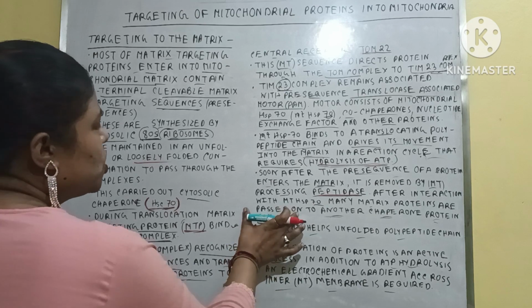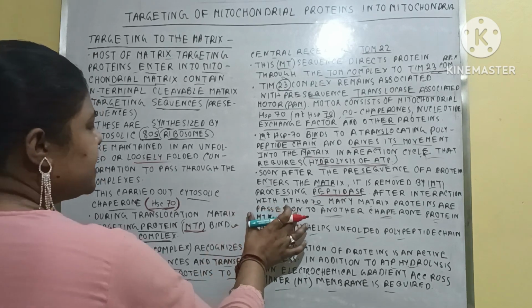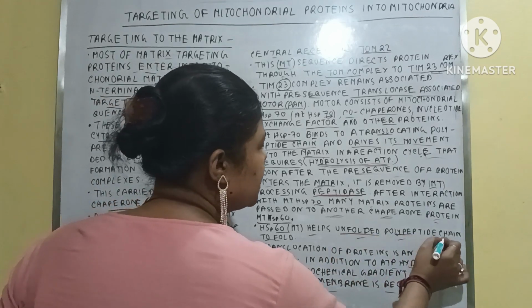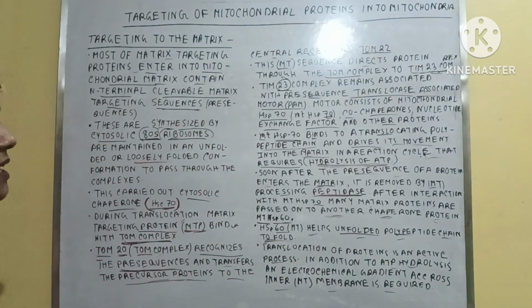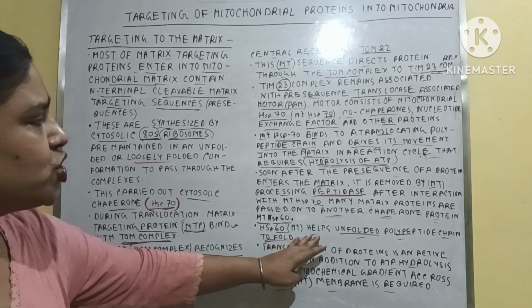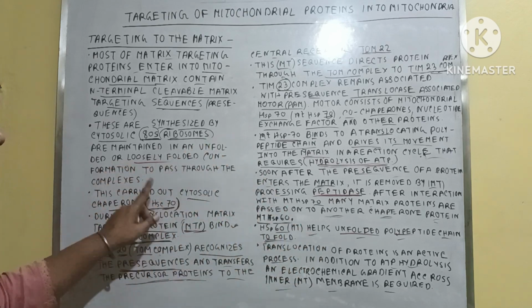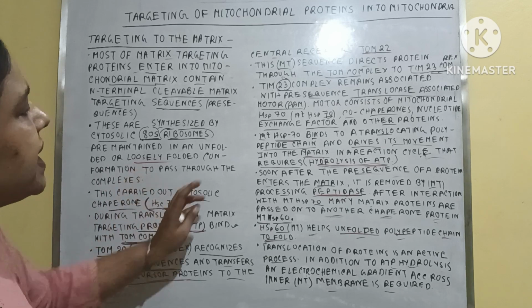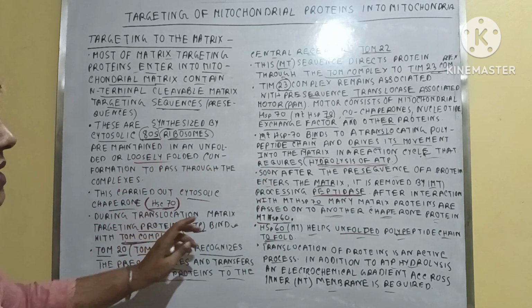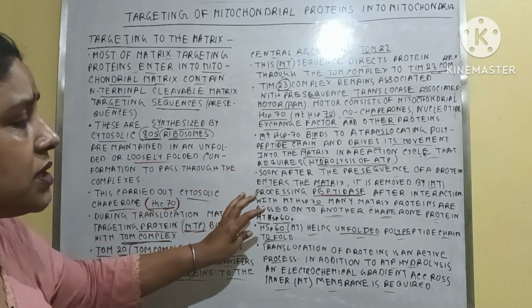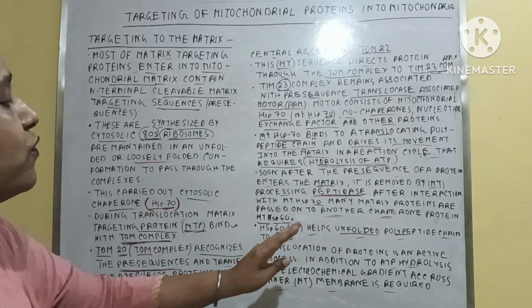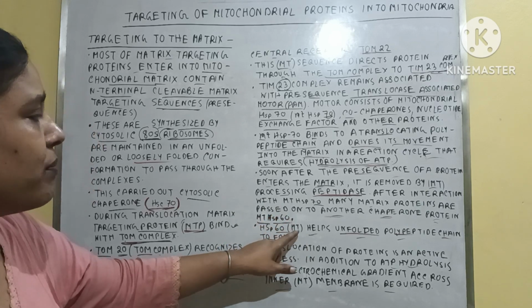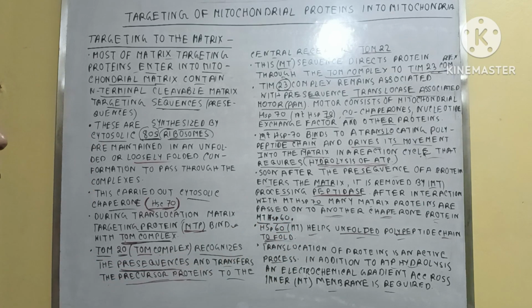What is its role? Its main role is to help the unfolded polypeptide chain to fold. The polypeptide chain remains unfolded during translocation, but when it enters the matrix, it transforms into a folded form with the help of mitochondrial HSP60.